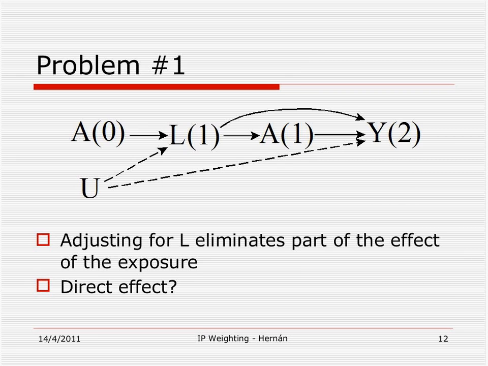We are adjusting for confounding, but by conditioning on L1, we'll never be able to get the full effect of treatment because the effect that is mediated through L1 is lost. So that's problem number one. When we use standard methods to adjust for confounding, we lose part of the effect of the treatment. All the effect that goes through the confounders is lost.